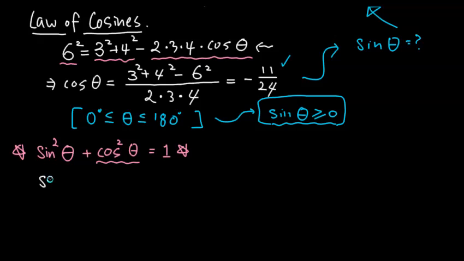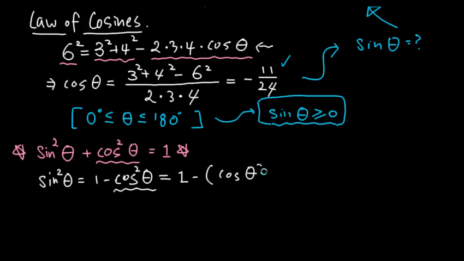So let's isolate it. Sine squared theta is 1 minus cosine squared theta, right? And we know what cosine theta is. Think about the meaning of this: it's the abbreviation of the whole quantity cosine theta squared. That is what this shorthand is for.